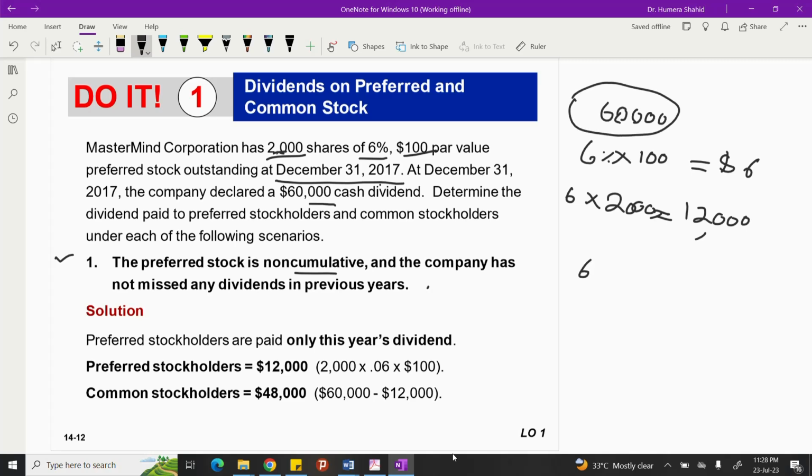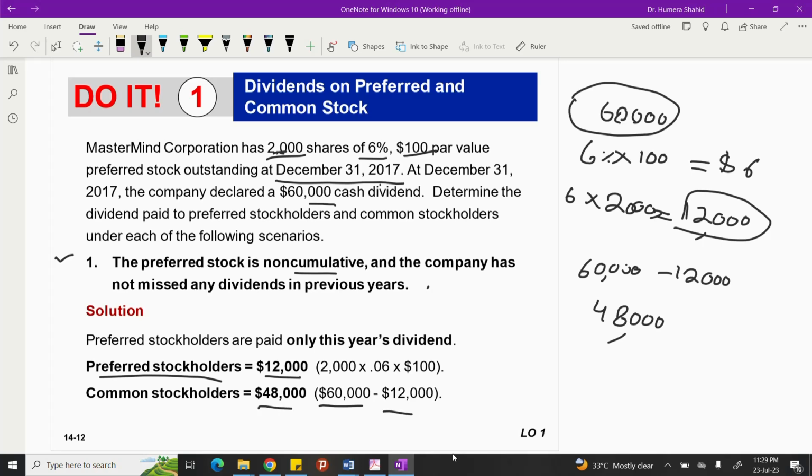So out of 60,000, 12,000 will be given to the preferred stockholder. Remaining will be given to the common stockholder, which is 48,000. So I did it over here. Preferred stock has dividend of 12,000 and the common stock has remaining dividend that is 48,000.